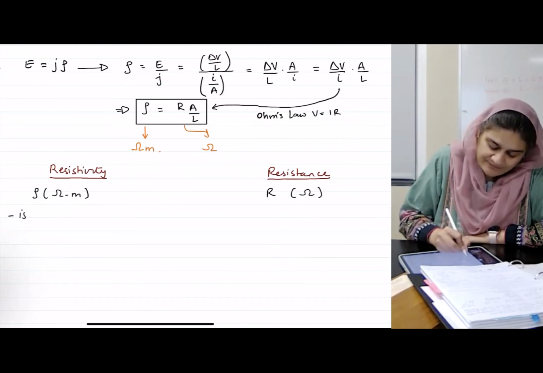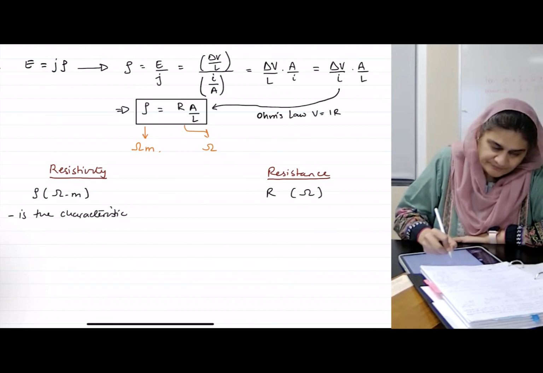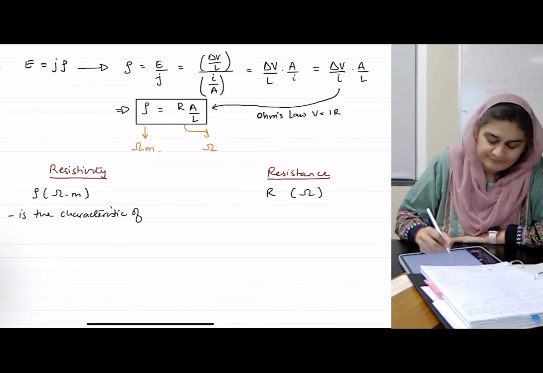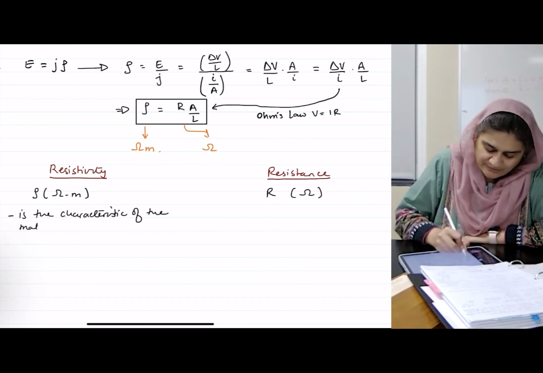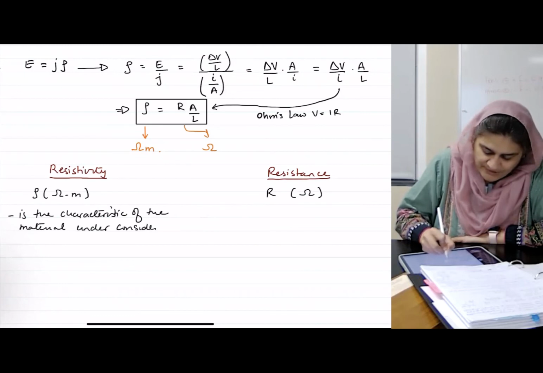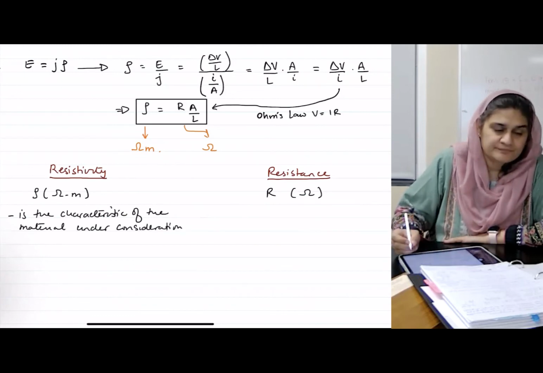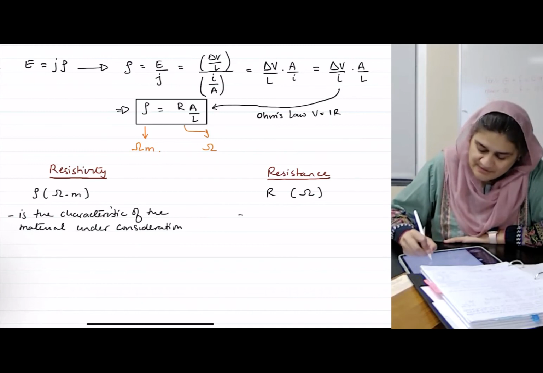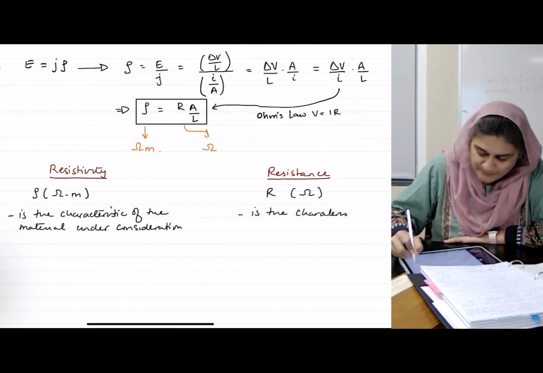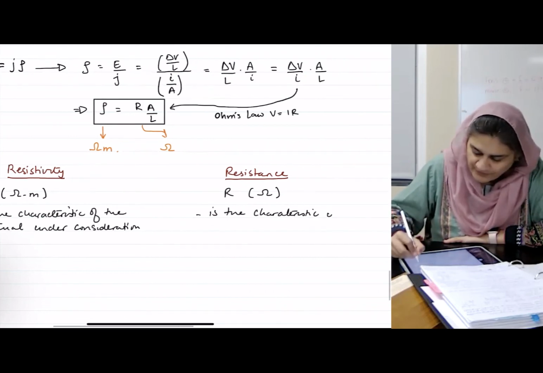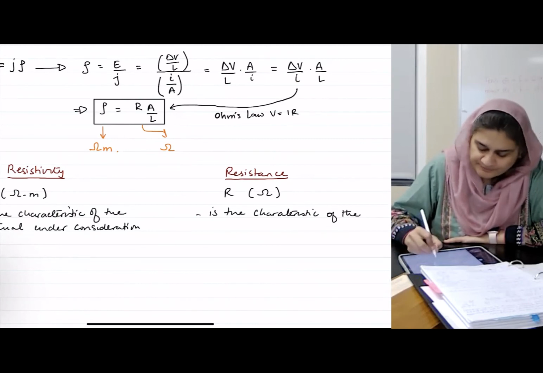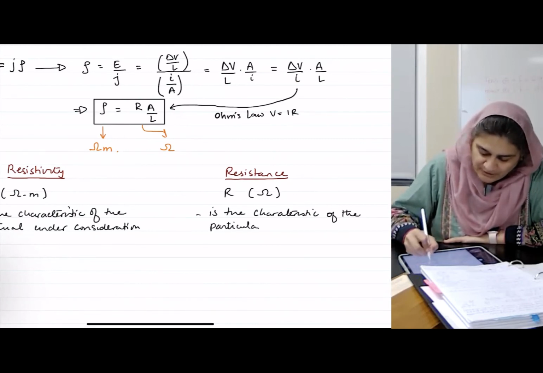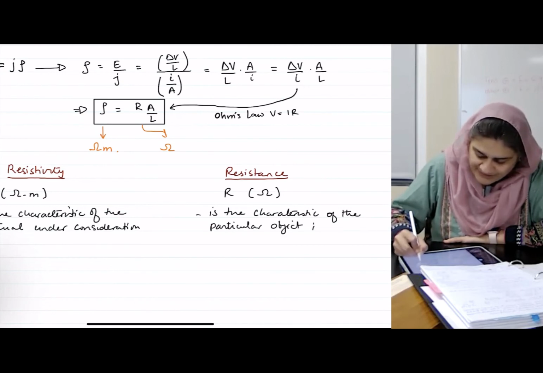Resistivity is the characteristic of the material under consideration. Whereas resistance is the characteristic of the particular object itself.